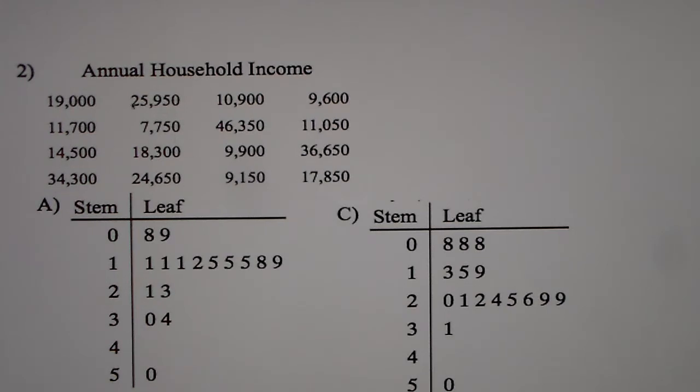So we got a whole bunch of big numbers again. As far as our stem and leaf, what I would do is the thousands place again. So it'd be 19, 11, 14, 34. And then round up to the number to the right of the comma. When we round to that number, we look 1 to the right. If the 1 to the right is 5 or higher, we add 1 to the hundreds place. That's what we're going to be putting in the leaf.